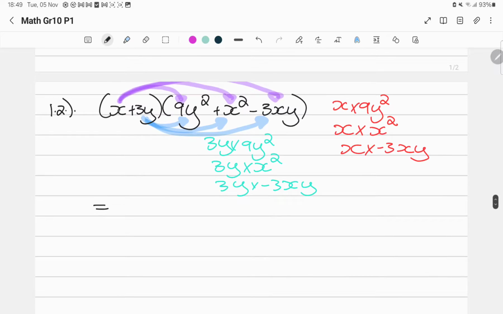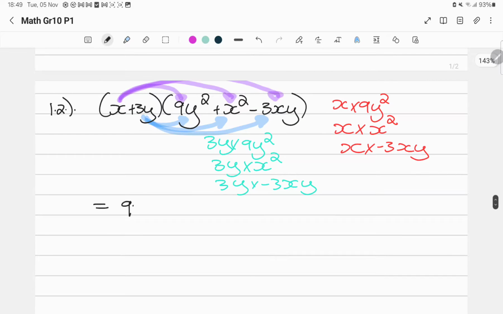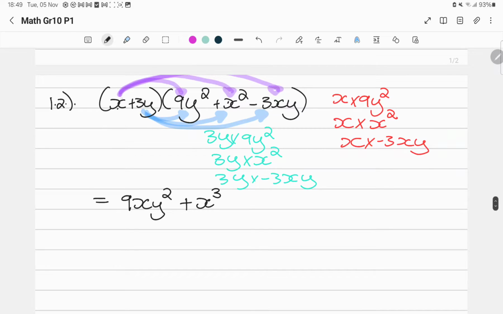So the first one, what is x times 9y squared? Well, it will give me 9xy squared. Then my next one, what is x times x squared? So it's going to become x to the power of 3. And then x times negative 3xy is going to become negative 3x squared y. Alright, so now we did the x.